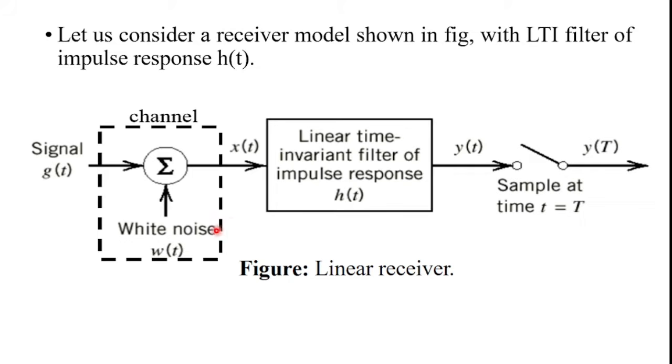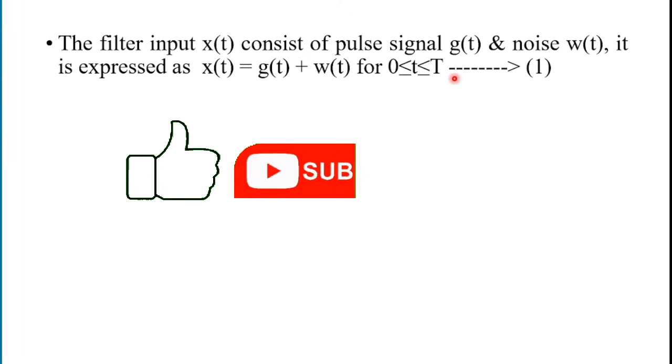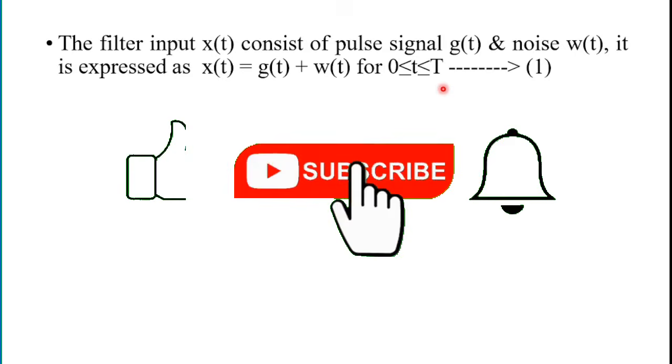The filter input is given by x of t equals g of t plus w of t, for t from 0 to capital T, where capital T is an arbitrary observation interval.